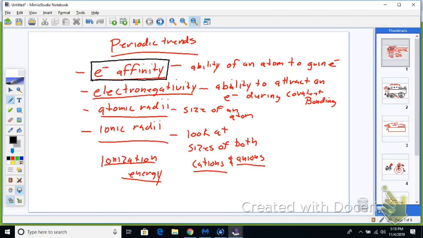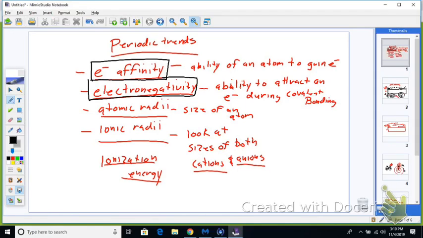Okay, good. Next, electronegativity has to do with the ability to attract an electron when they're bonded. So what type of atoms have a big electronegativity? Ones that are closer to being full. Or am I looking at the wrong thing? You're thinking electron affinity. So electronegativity gets greater going across.